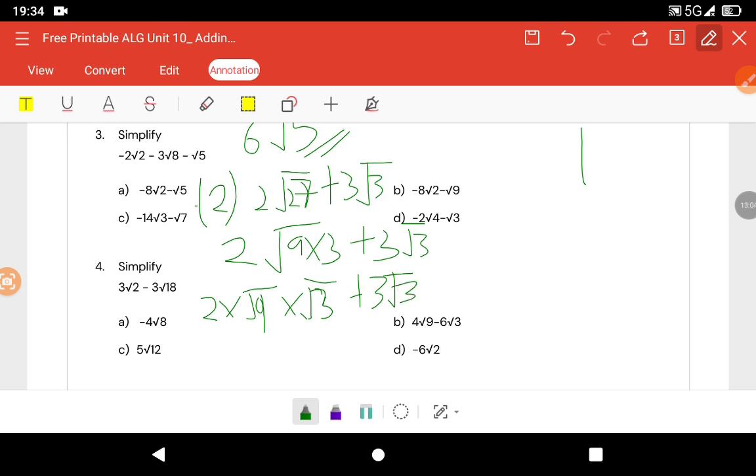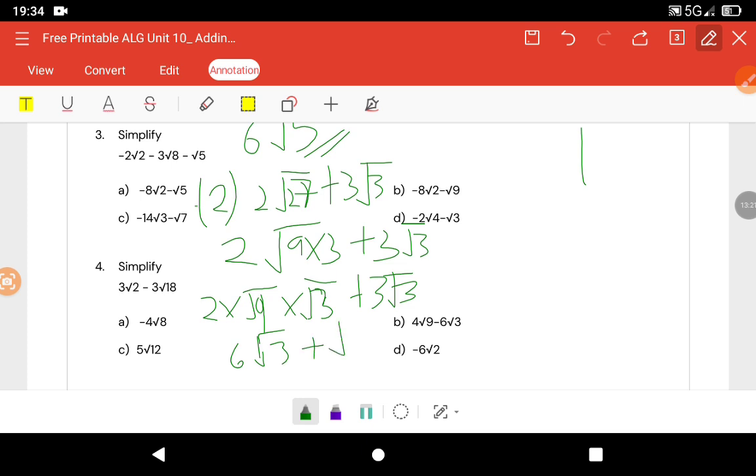So the next thing is, let's take the square root of this perfect square 9. The square root of 9 is 3, so that's 2 times 3, so that's 6. So we'll have 6 root 3 plus 3 root 3.